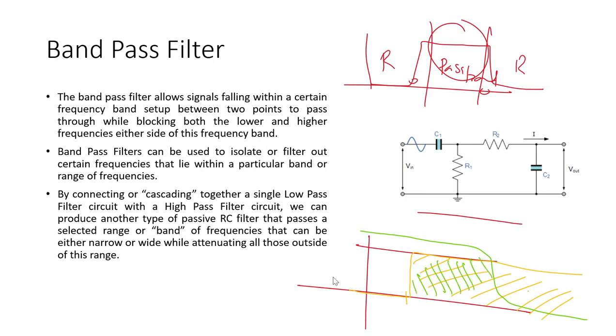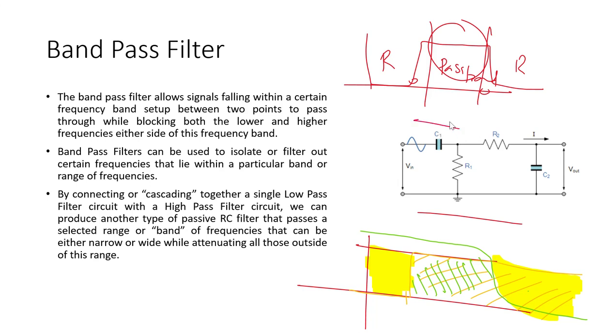So first we removed this one. Let me mark it with some different color. So first we removed this one and allowed this whole high pass, and then we removed this one. So this should be the sequence, that first you should have a high pass filter and then a low pass. So this is a high pass.